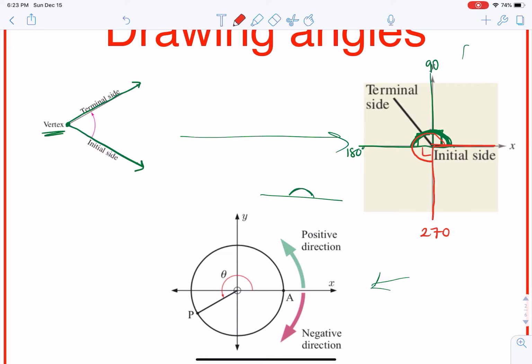And if I add that final 90 degrees, I'm back up here at 360 degrees. In our previous lesson, we talked about how angles are measured in degrees and radians, and we know that there are 360 degrees in a circle, or 2 pi radians in an entire circle.